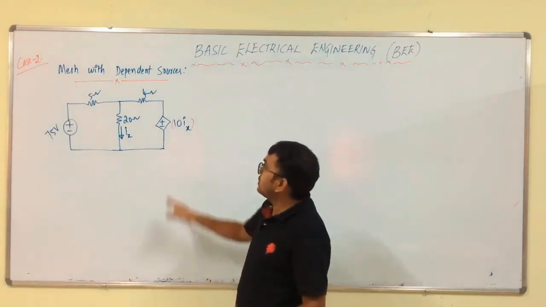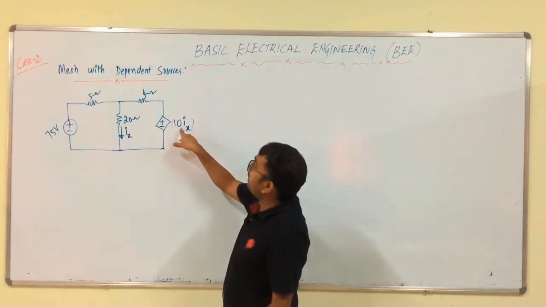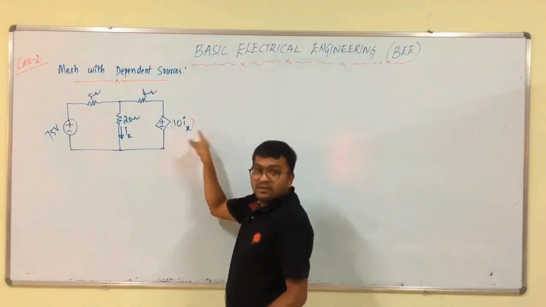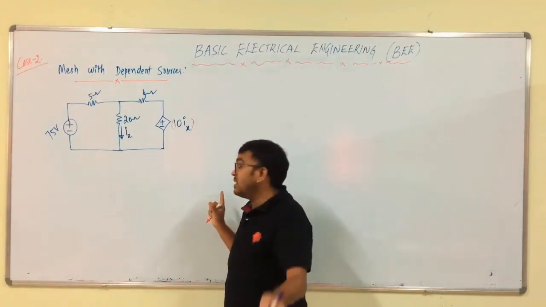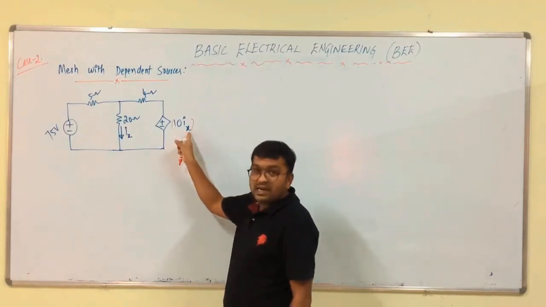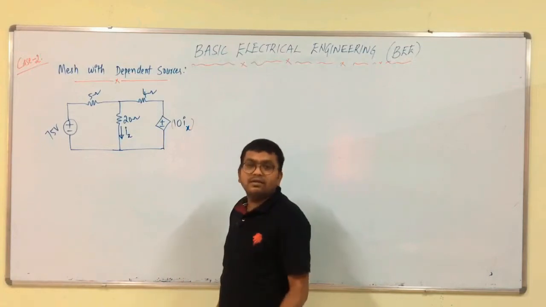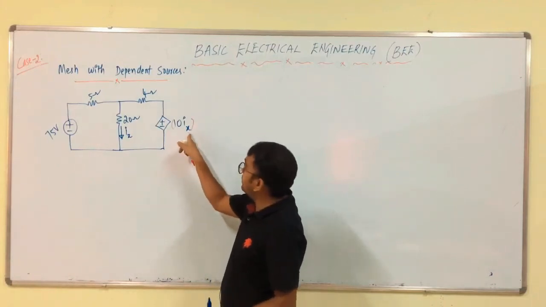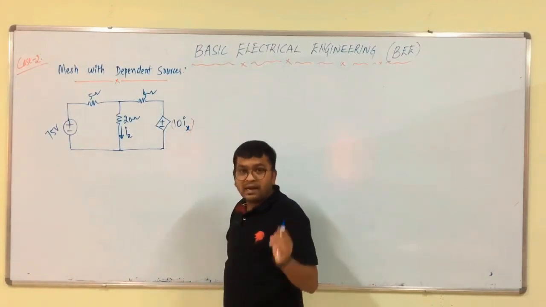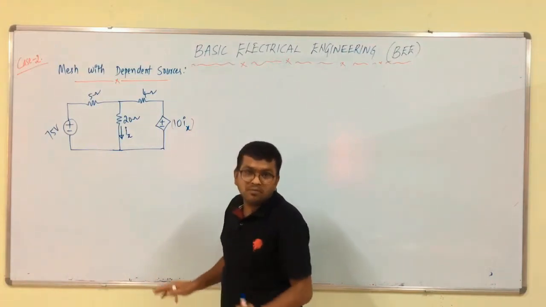The simple trick for this type of problem: here the examiner mentioned 10 Ix. Ix is nothing but a current, so obviously there is a path for this current in the given circuit. If, for example, he does not mention any current direction for the given dependent voltage source value, obviously there is no answer for that problem.